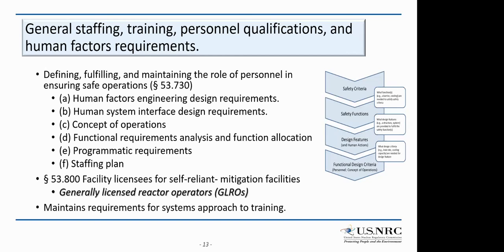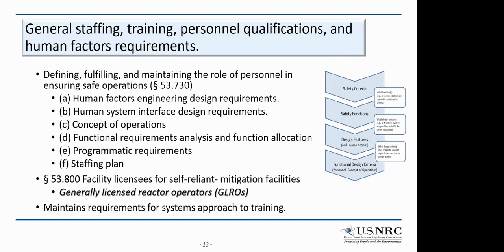So you take out the prescriptive requirements from 50.54 and Part 55, and you basically say, here's what needs to be developed. They have the flexibility to do that and make their proposals in terms of what are, for example, the staffing plan.